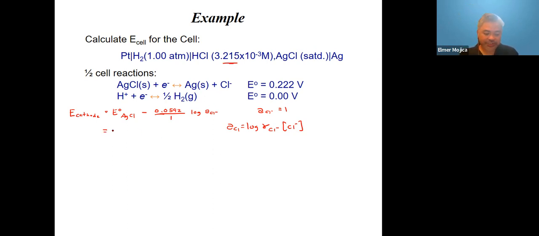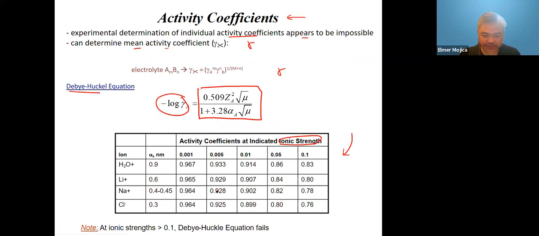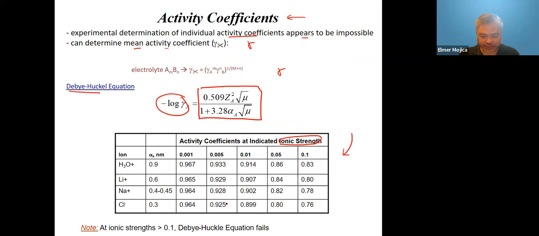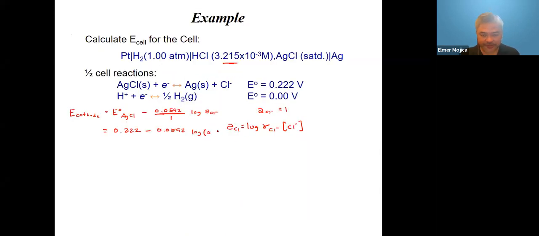So we replace this with 0.222 minus 0.0592, and then log of the activity coefficient, 0.939, times the chloride concentration, which is 3.215 times 10 to the negative 3. So what do we get here?